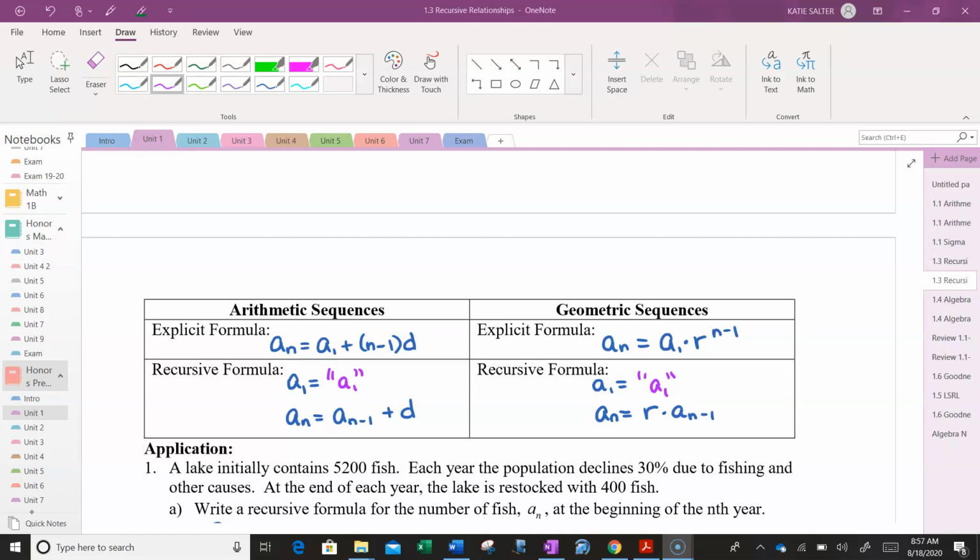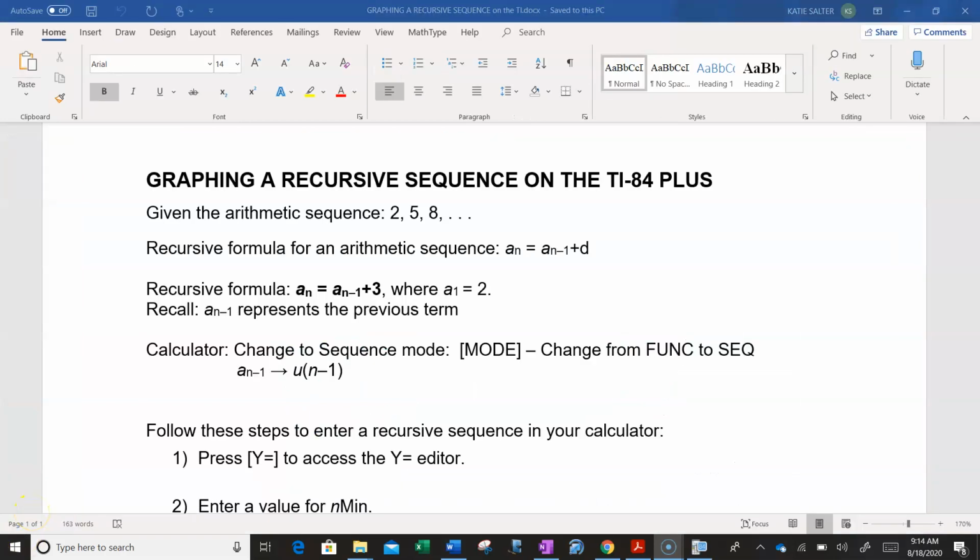So that's where we're going to look at some different problems now, and we're going to start using some of our technology. Before we get into the word problems, we're going to practice using our TI-84s to insert a recursive sequence. It's a little bit of programming, but once you get used to it, you'll be fine.